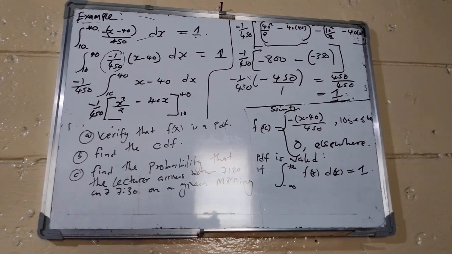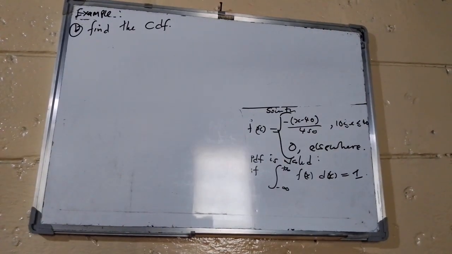Okay, so now we're answering the second part of the question, which is instructing us to find the CDF. Remember, when we were talking about the discrete case, we talked about the concept where we can find the CMF. The CMF is found from the PMF.